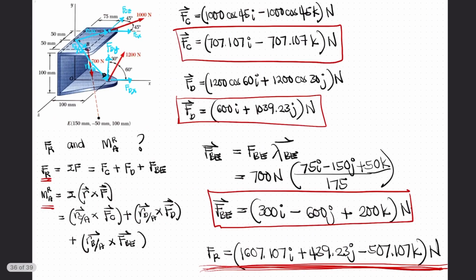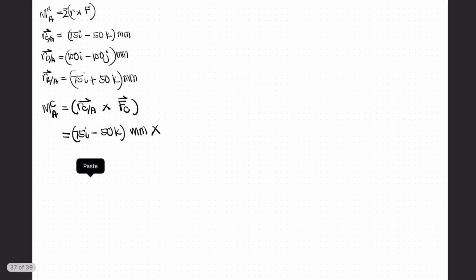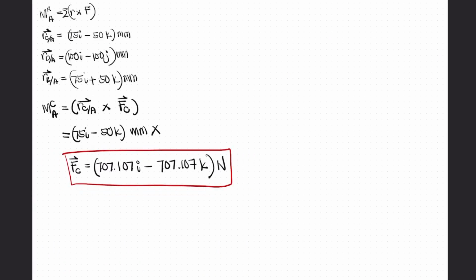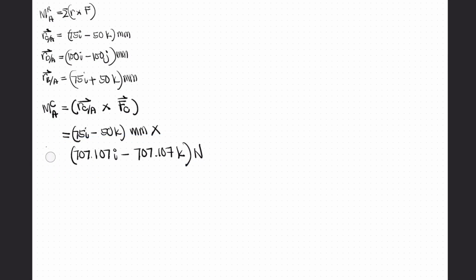This is equal to 75i minus 50k mm times F sub C is, so kani siya times ani.